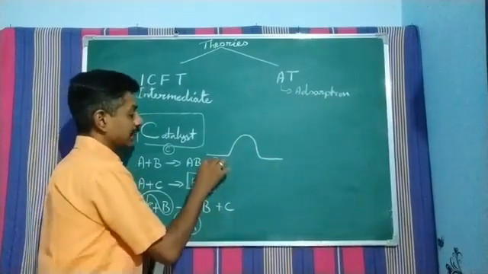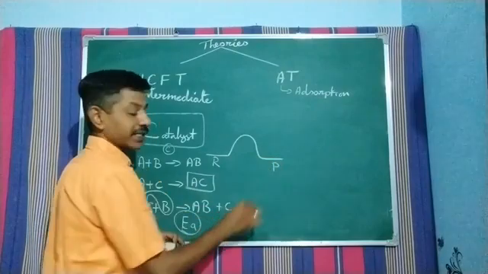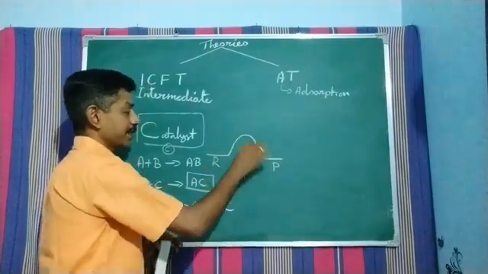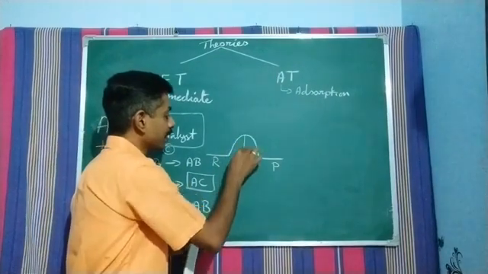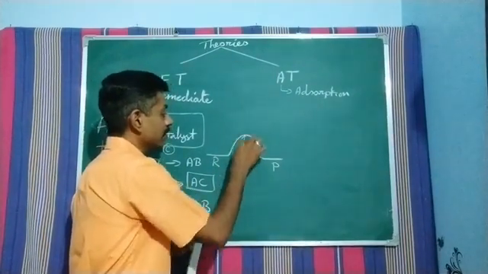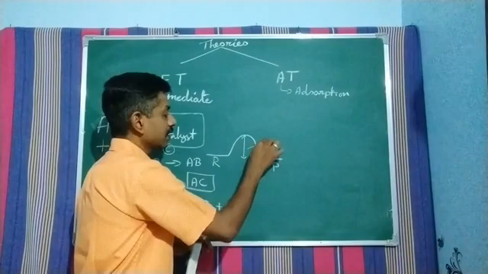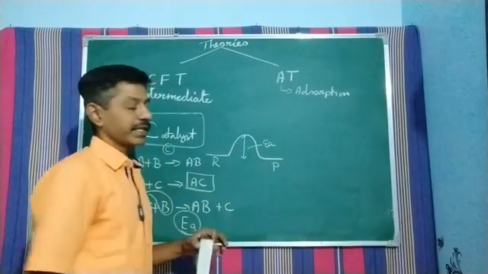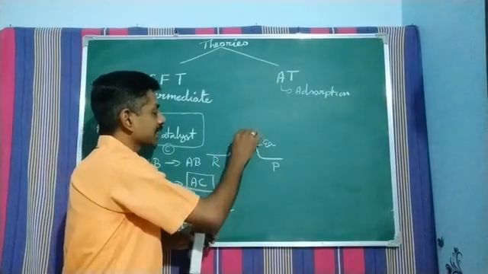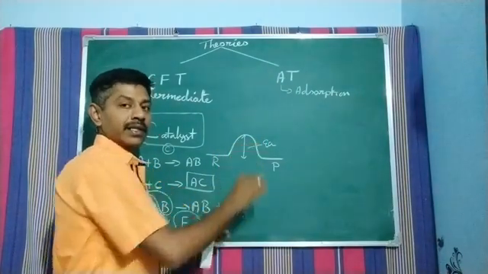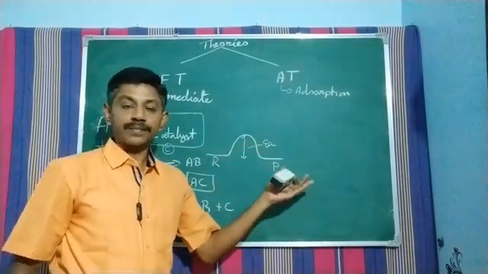So you are on the reactant side, you have to reach the product side. The barrier is a speed breaker. This speed breaker height is called the energy barrier or energy of activation. Obviously you have to cross this energy barrier, then only you can reach the product.